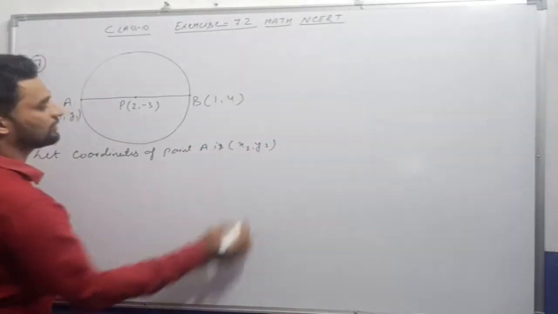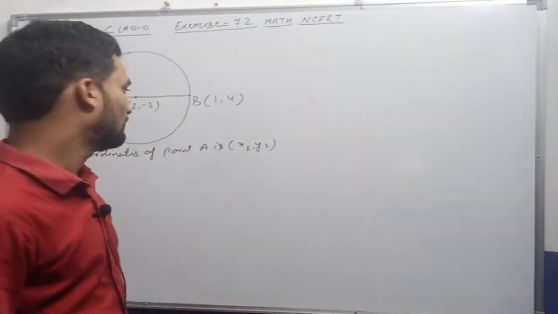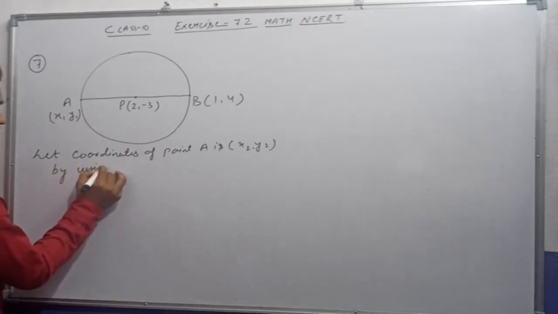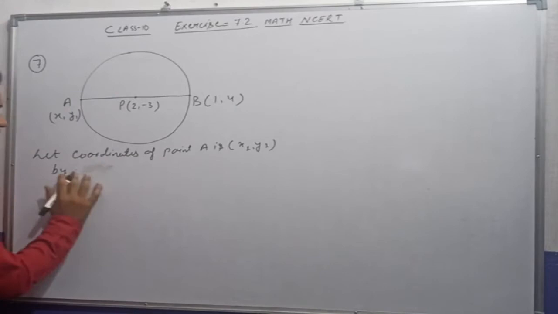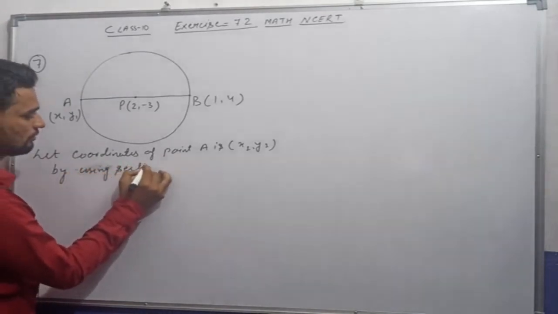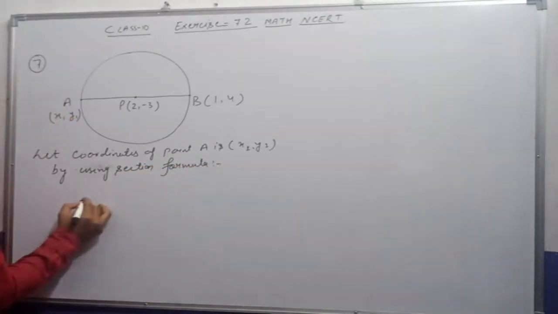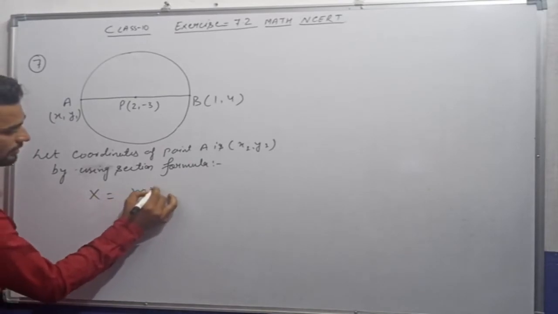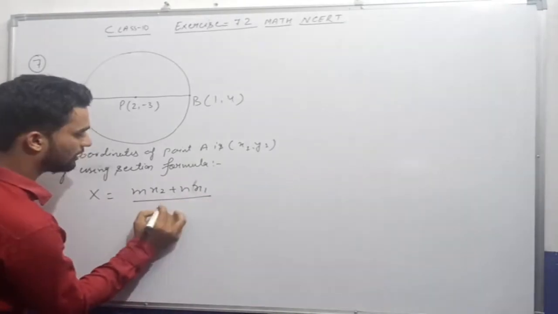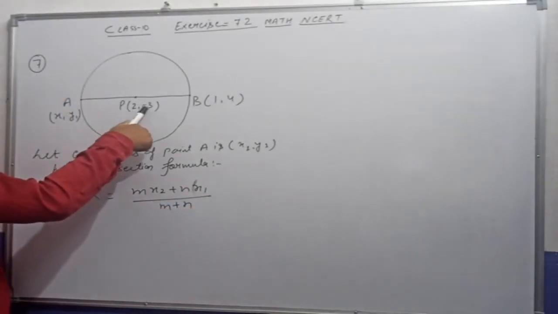As you know, by using the section formula, x is (m x2 plus n x1) upon (m plus n), and this is the value of x, and this is the value of y.